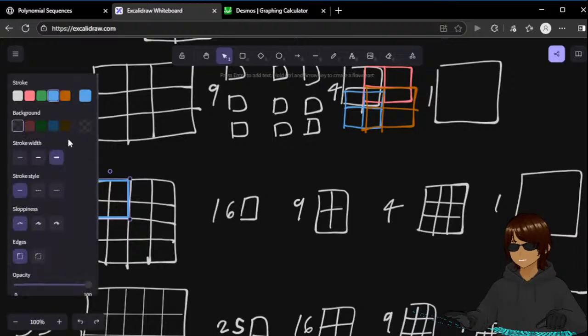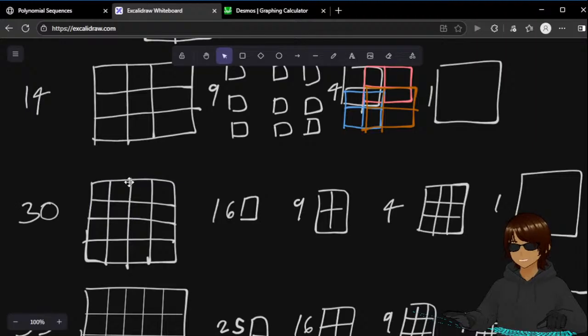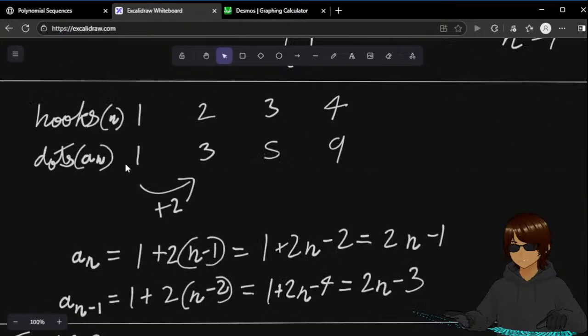So you have a 1 by 1 space, which can fit 1 square, a 2 by 2 space, which has 4 squares, a 3 by 3 space, which has 9 squares.